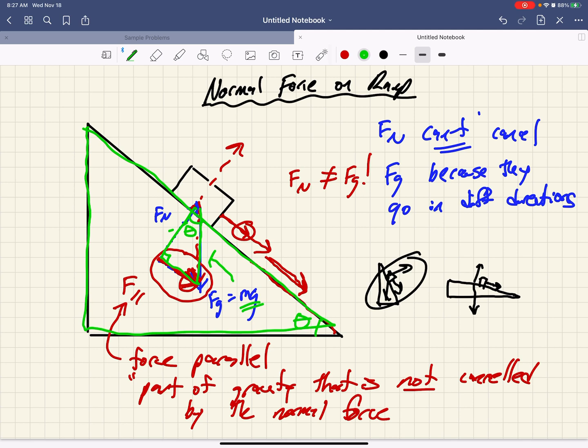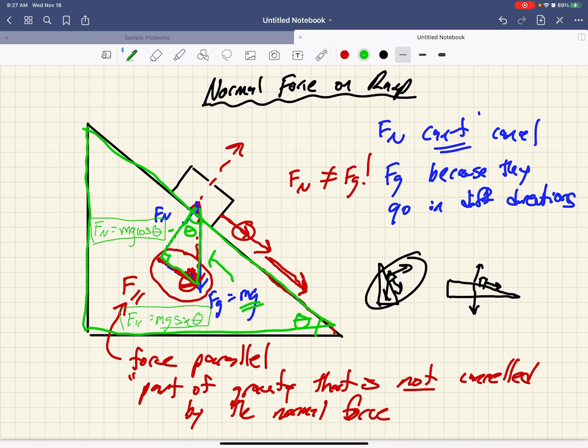So the normal force, F n, has to be equal to mg cos theta, right? Because cos theta is adjacent over hypotenuse, and if you do a little bit of algebra, you just solve for F n. It's mg cos theta. F parallel is the opposite side. So sine theta is equal to F parallel over mg. You can rearrange that and you get mg sine theta.